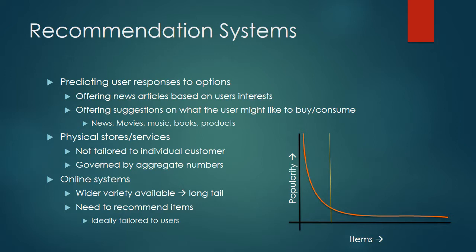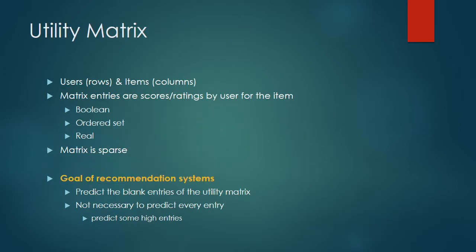Okay, is this clear? The formal definition of the problem. In general, as we did for the PageRank case, it's going to boil down to some basic linear algebra operations. And we're going to define a matrix which we're going to call the utility matrix. This matrix is going to capture the relationship between the users, whom we are going to represent on the rows, and the items, the products that are being offered, whether these are movies or physical products for sale.